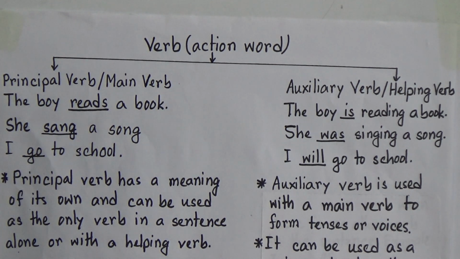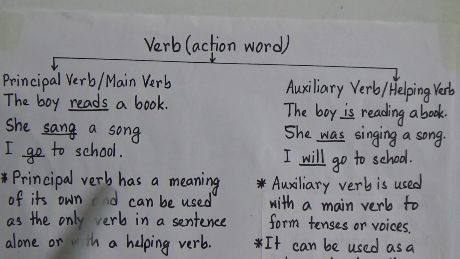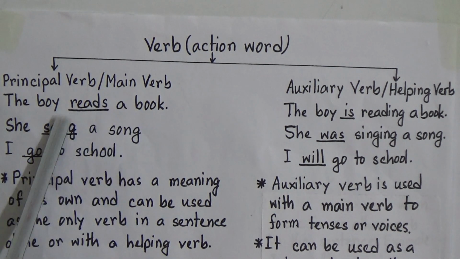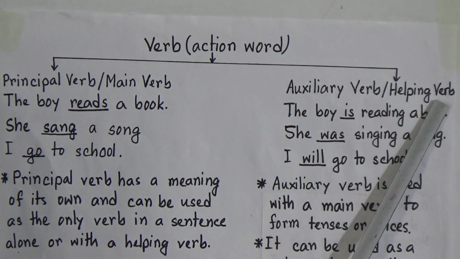So what can we say? So what is the principal or main verb? Principal verb has a meaning of its own and can be used as the only verb in a sentence alone or with a helping verb. So we can use principal verb alone or with a helping verb in a sentence, and the verb which has a meaning of its own is called principal verb. Now we will go to auxiliary verb or helping verb.